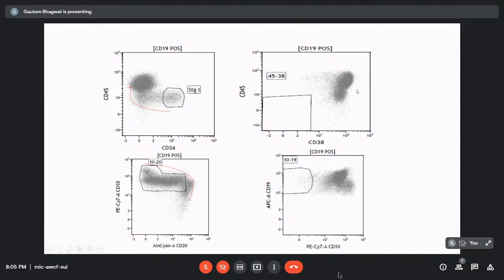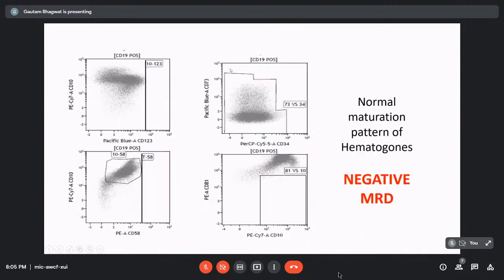See this waterfall maturation pattern, all were showing normal maturation, and no cells are present in the templates which are supposed to be the measurable residual disease. Everything was within normal range, and therefore, although we had some atypical looking 7% cells in the bone marrow, what we gave out as diagnosis was a negative MRD.